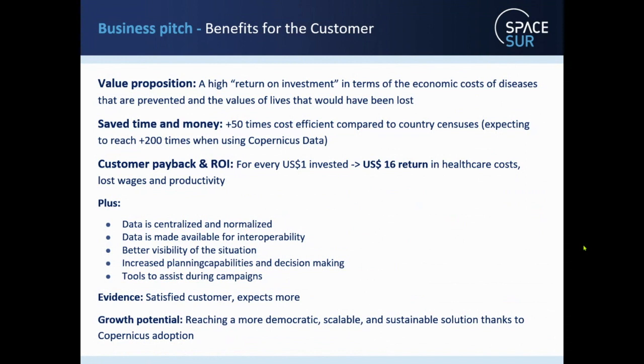And one of the most important is that the ROI for this kind of investment is, for each dollar invested, the customer will get almost $16 in return in healthcare costs, lost wages, and productivity.